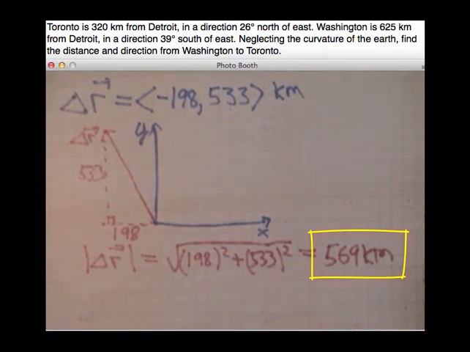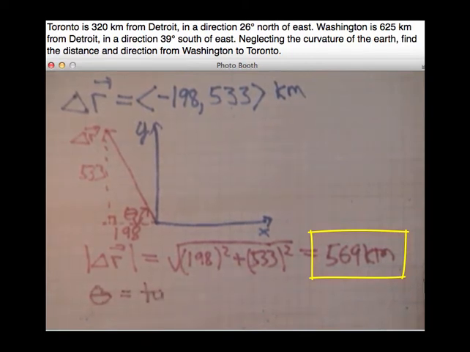And if I want to know the direction, well, I can describe the direction in terms of this angle, which I'll call theta, and we see from the triangle that the angle theta can be obtained by calculating the arctangent of the ratio of the opposite side to the adjacent side. So it's the arctangent of 533 divided by 198.